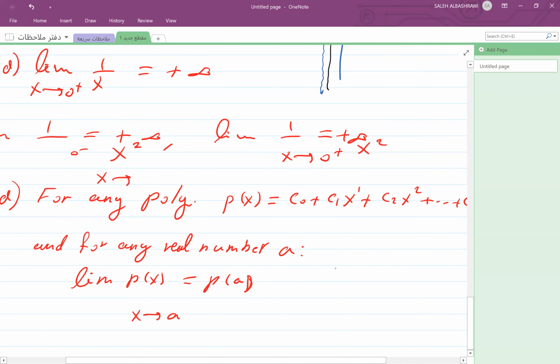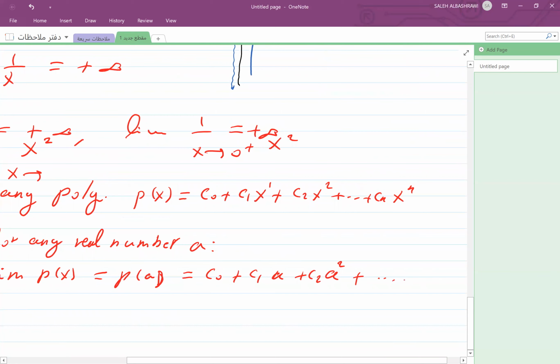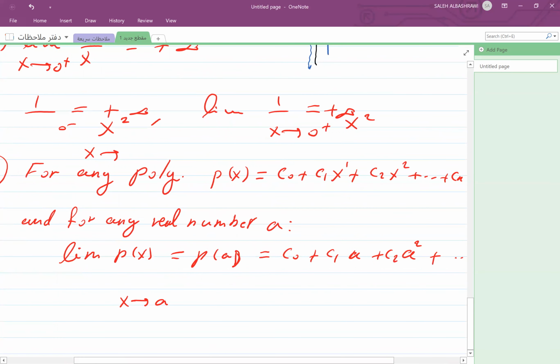It means just replace x by a. The limit of p of x as x approaches the number a, either from left or right, is equal to p of a. That will be c0 plus c1 a and so on, just replace x by a. Direct substitution.